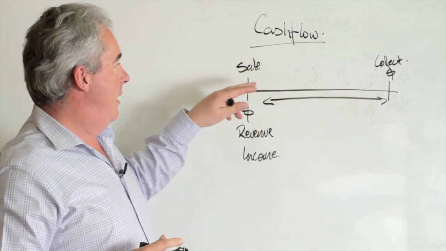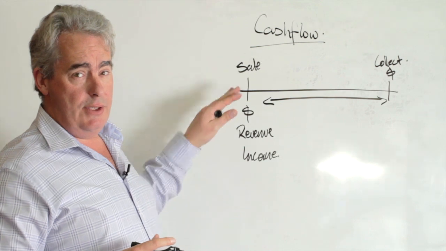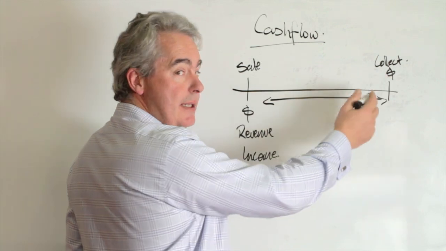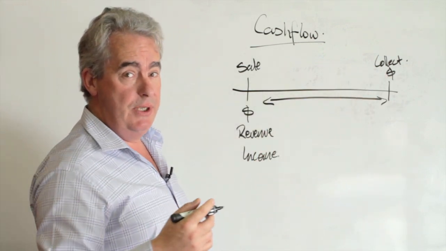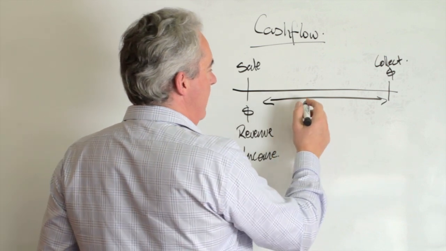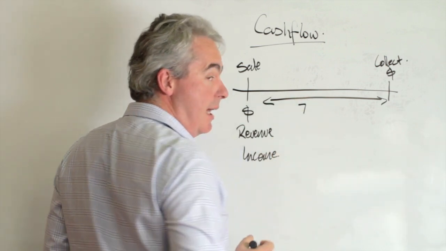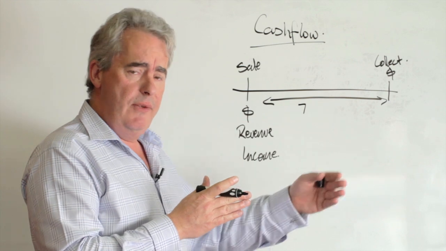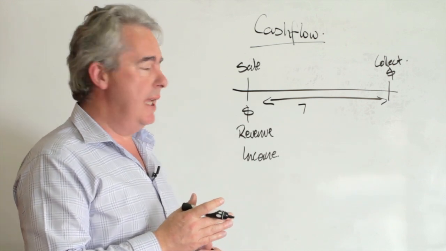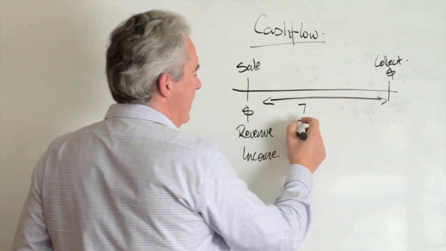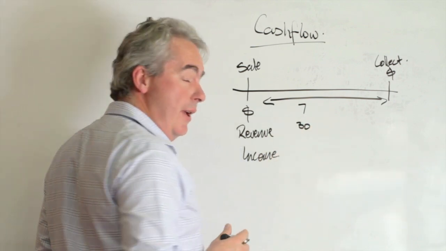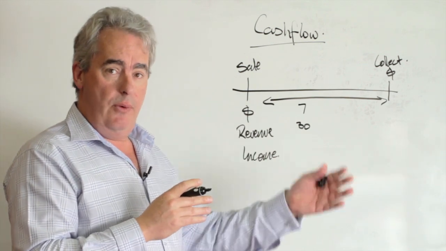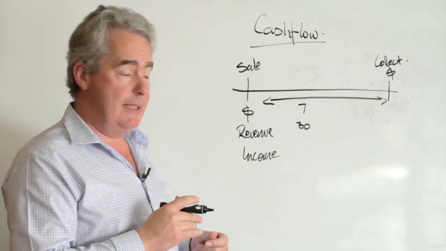Now, we make the sale, that's all great. Depending on how long this period is, it can cause you massive problems in your business, because we've seen some businesses that work on 7 days, whereby they make a sale and they'll collect the revenue from that sale in 7 days' time. A lot of businesses work on 30 days terms, whereby they'll make a sale and a month later they will collect the revenue from that sale.